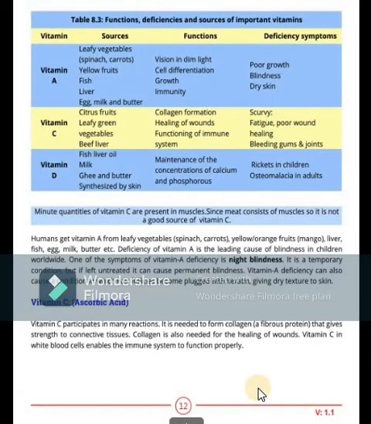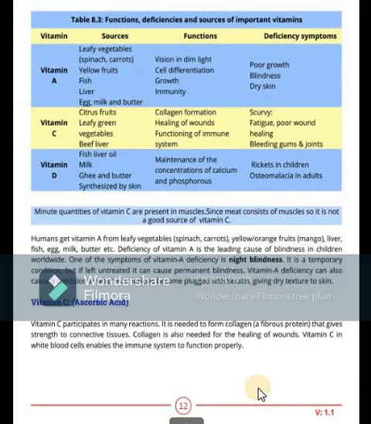Then here's a table through which you can see that vitamin A is present in yellow fruit, spinach, fish, liver, and egg. Its main function is what? It gives vision in dim light, cell differentiation, growth, immunity, and its deficiency causes poor growth, blindness, and dry skin.